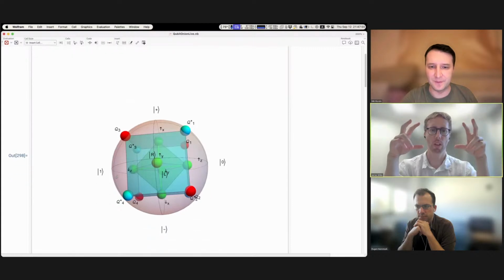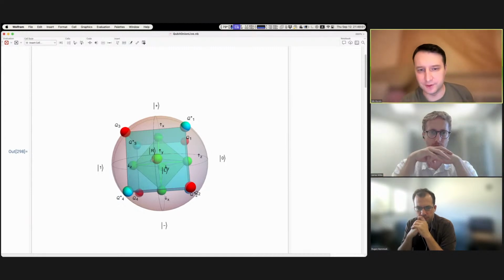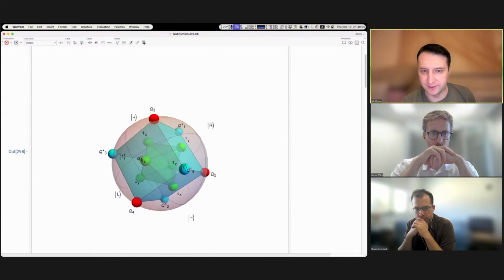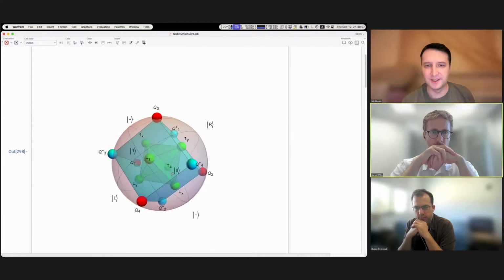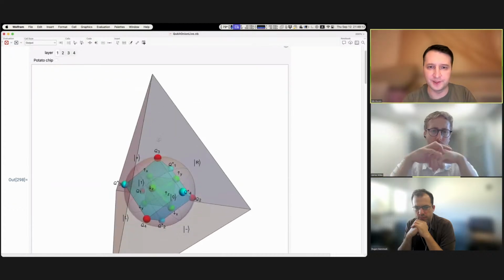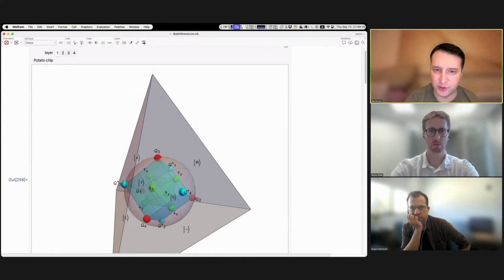Okay, just to recap a little bit, you're talking about the red and blue balls right now? Just red for now. These red ones are already shaped as a tetrahedron, as you can see. Those are actually the tests I was talking about, projected on the Bloch sphere exactly to those points.